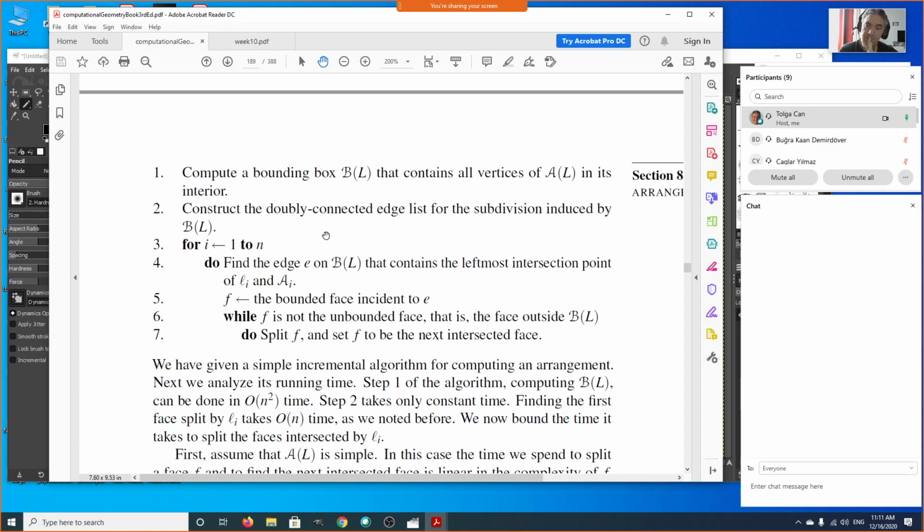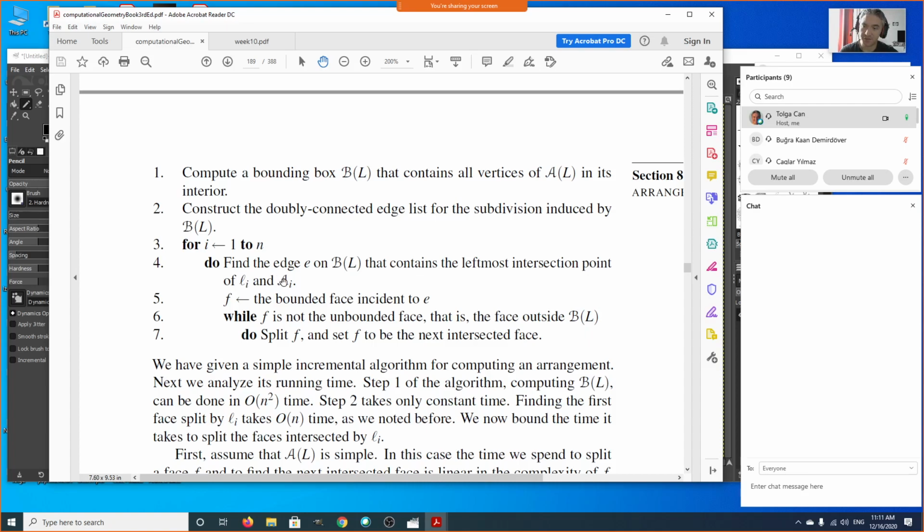The long edges of the 4 original edges of the bounding box could be kept at this point to find the edge that intersects the leftmost intersection point of your line. So this is the entry point. Step 4 is finding the entry point.